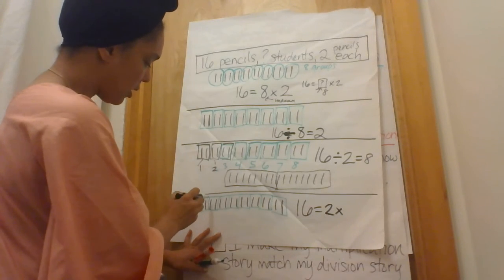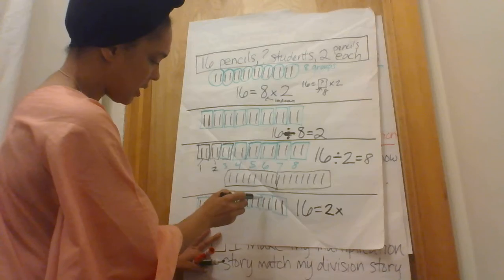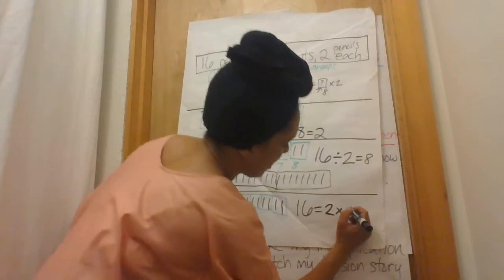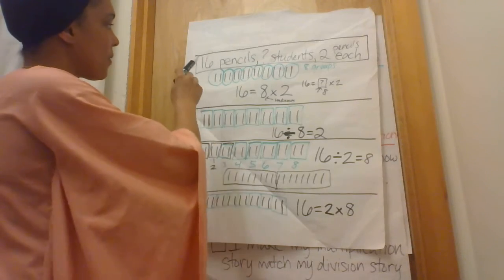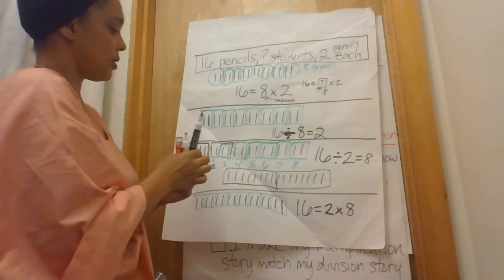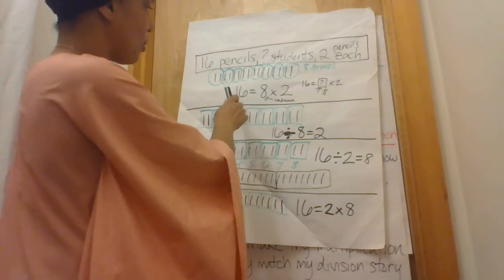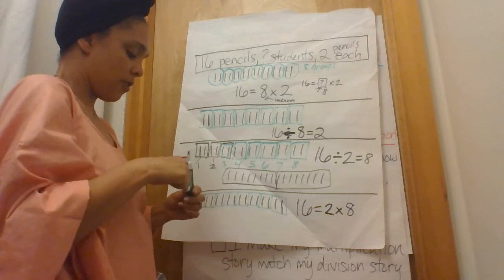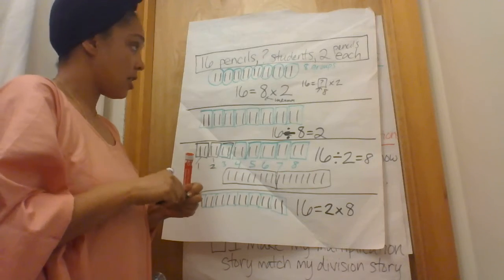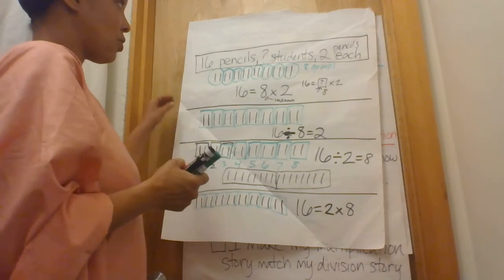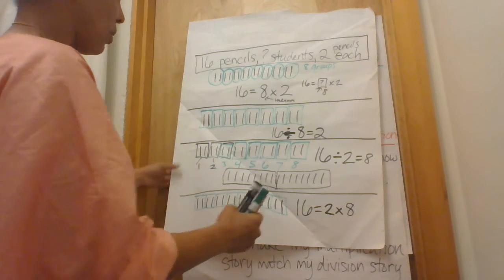We have 1, 2, 3, 4, 5, 6, 7, 8. So we had 8 groups, right? So with our story problem, we were able to draw a visual and have a representation of our math story, as well as write an equation that would match it.